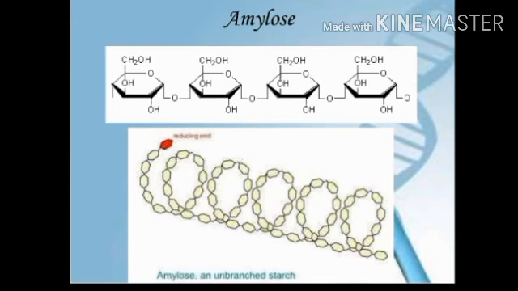Amylose is an unbranched starch molecule. They also have a reducing end and a non-reducing end. Where new sugar molecules are joined, the right side is called the reducing end. The left side is called the non-reducing end. So amylose is a starch molecule which is unbranched.